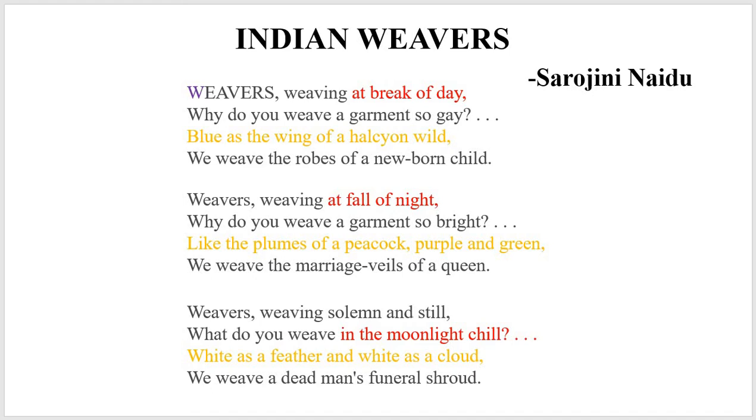And thus, fall of night, that is evening, and like the plumes of a peacock, purple and green, are going to represent the second stage of human beings, that is the adult age or the youth, which is very bright and colorful.